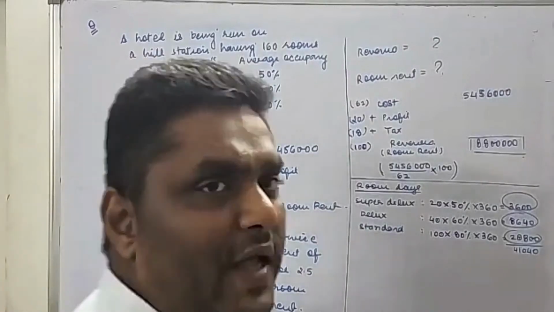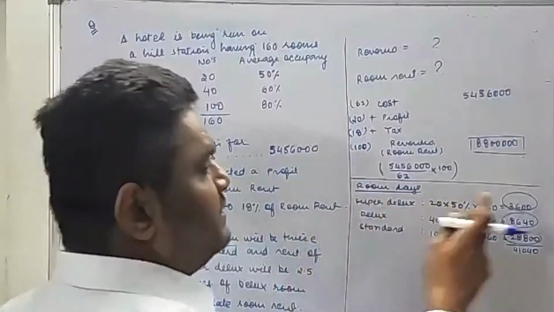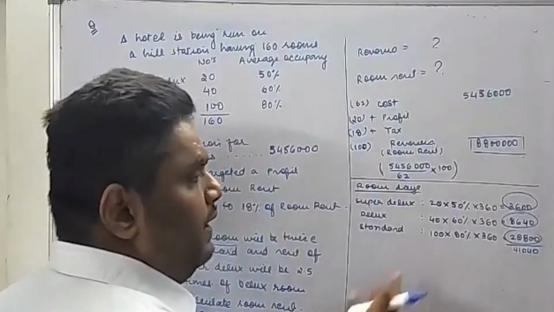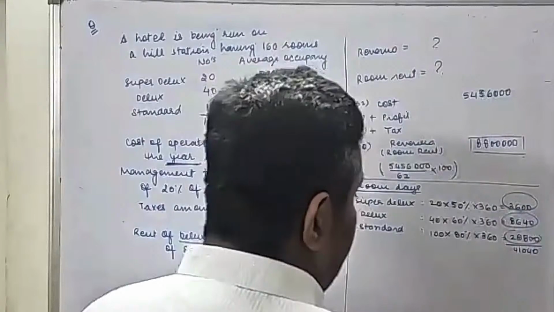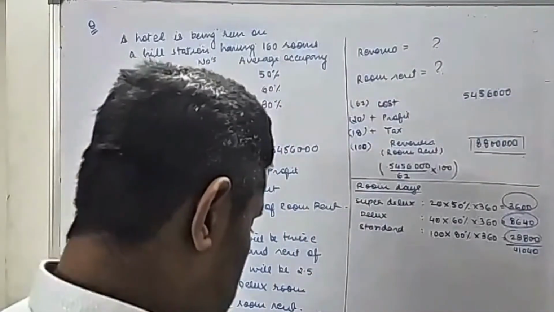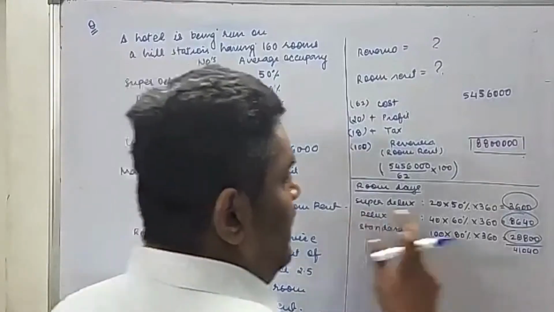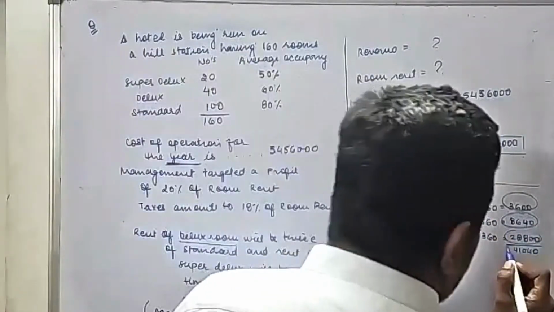That is the number of times the rooms are occupied in a year. So when talking about super deluxe, it is 3,600 rooms occupied. That is 10 rooms a day. So total for 360 days, 3,600 rooms. For deluxe, it is 8,640 and for standard, it is 28,800.